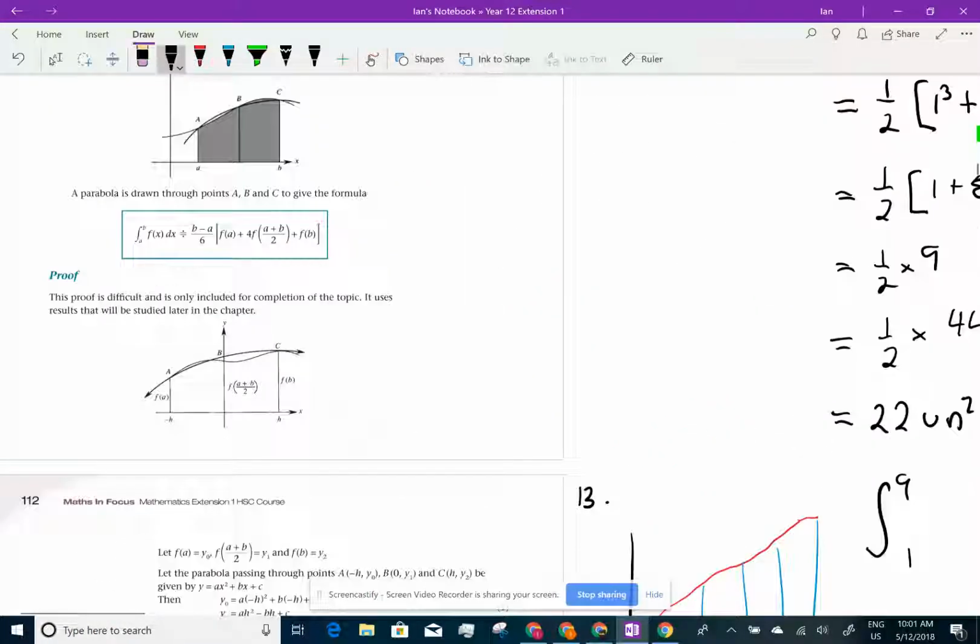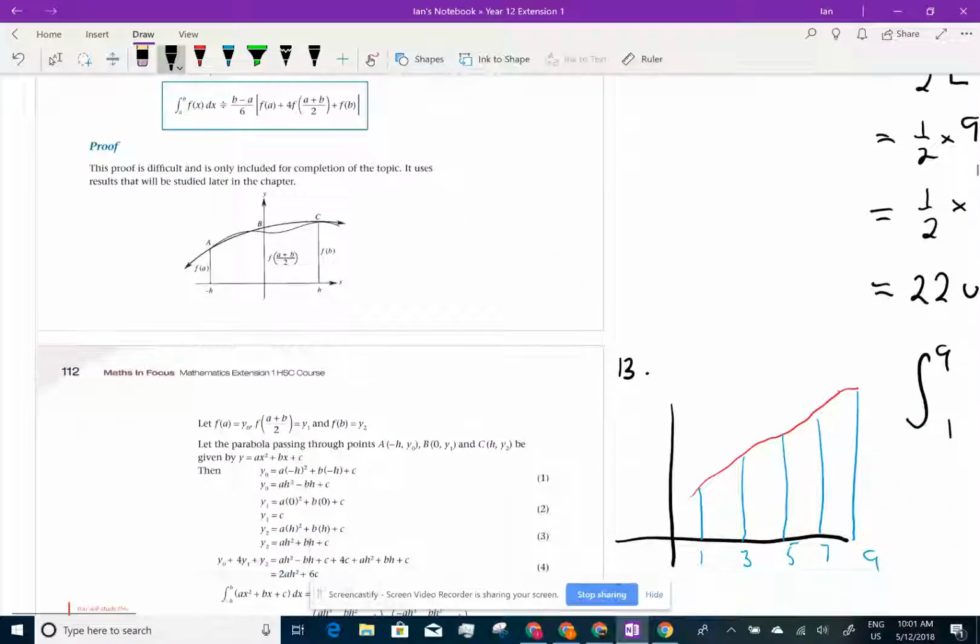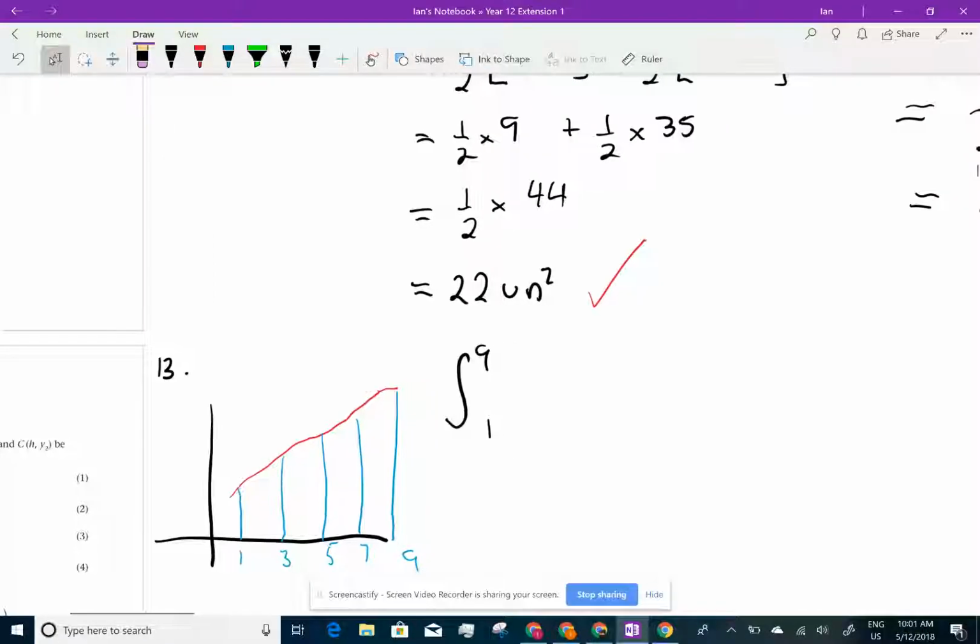Is it 9 and 1 or was it 7 and 1? No, 9 and 1. Of this function, whatever it is, and we don't know what the function is, using the trapezoidal rule and approximate h on 2, 1, 2, 1.